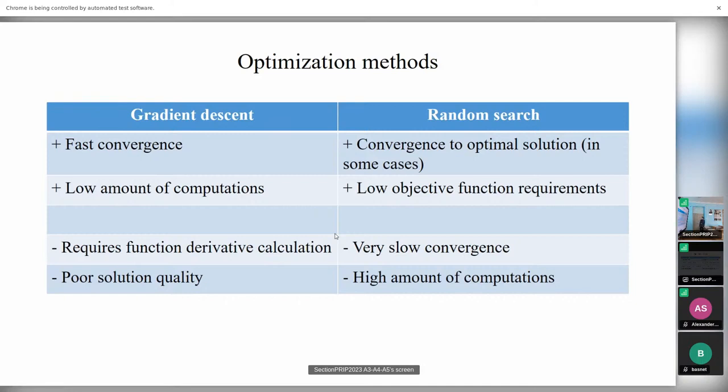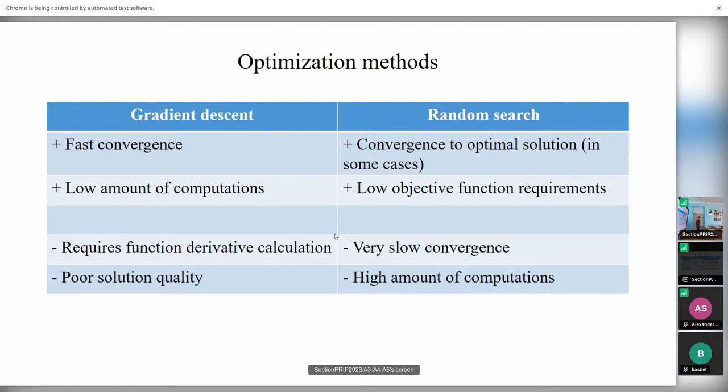And the opposite method is random search. It almost always converges to an optimal solution in some cases, and has low objective function requirements. We just need to calculate the objective function value, and this is enough to apply this method. But it has a very slow convergence, on average logarithmic speed. And the second problem is that it requires a high amount of computations.